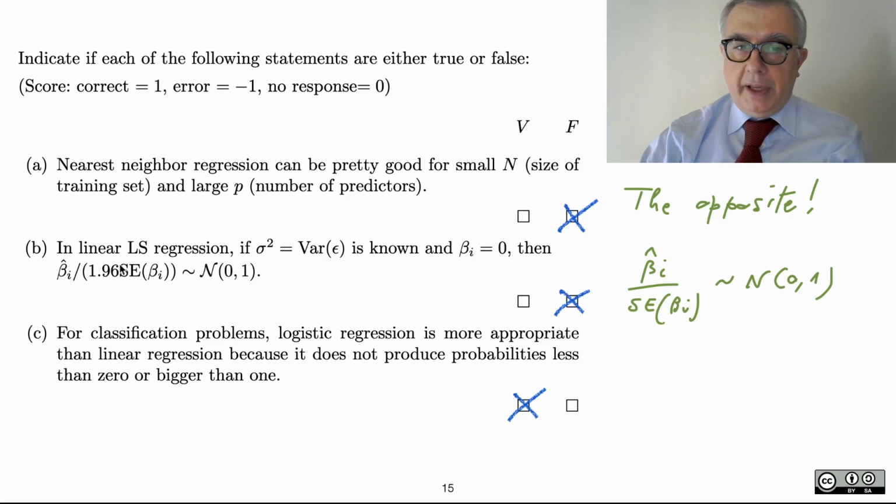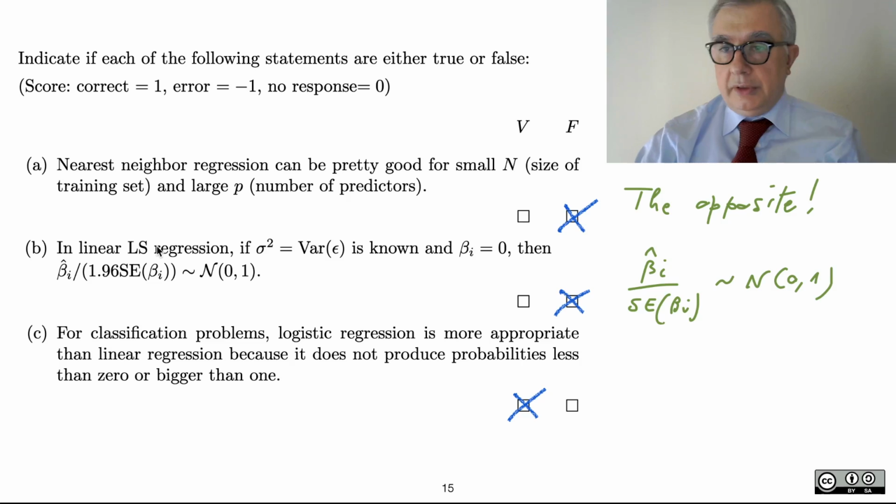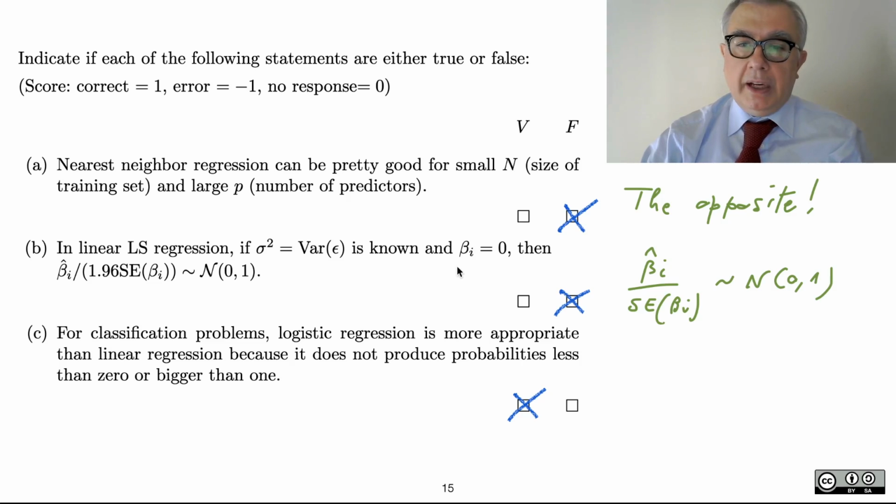As a matter of fact, if beta is equal to 0, and moreover, you should also assume that the model is linear, and you should also assume that the errors are Gaussian, something that is not specified here.